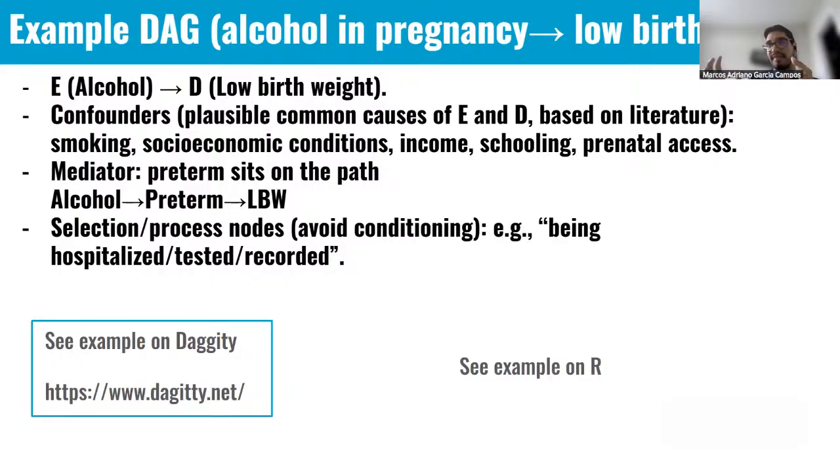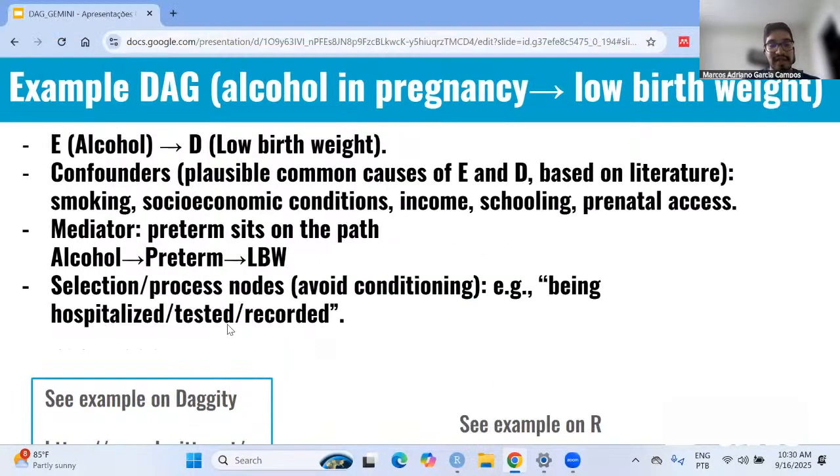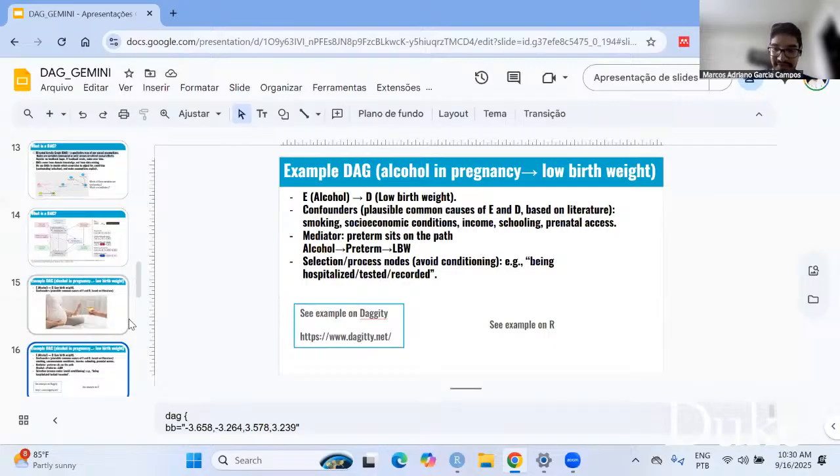This is a theoretical model, based on the data I have, and those conditions don't matter. We will see that example in DAGitty. I will show you, and after this we will see it in R. So let's see DAGitty.